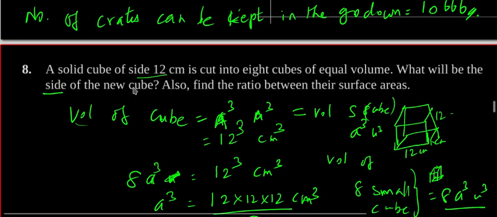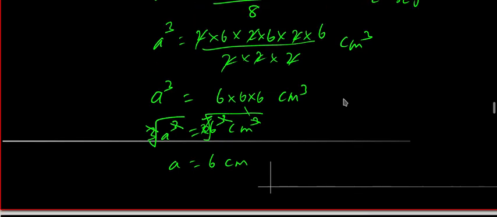What will be the side of the new cube? The side of the new cube is 6 centimeter. Also find the ratio between their surface areas. What is the surface area of a cube?